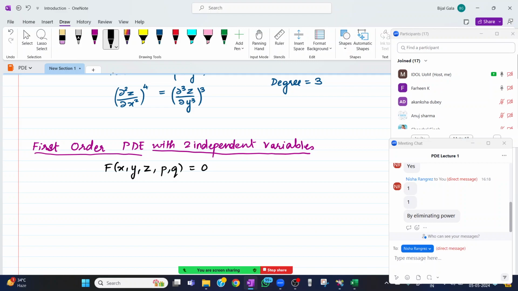Yes, please. Because it is first order, correct. r, s, and t are second order derivatives, right? Whereas we are dealing with only first order derivatives, and hence we will not have r, s, and t over here. Any general partial differential equation can have those, but this partial differential equation, which is of first order, will not have r, s, and t.